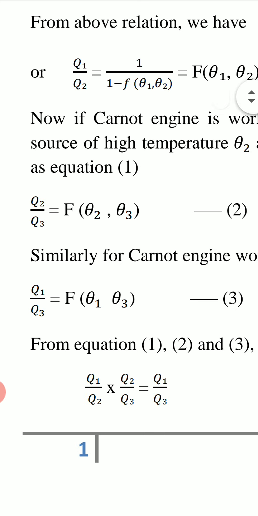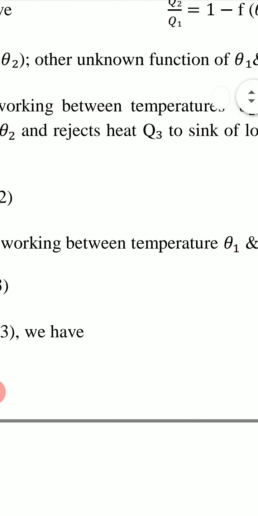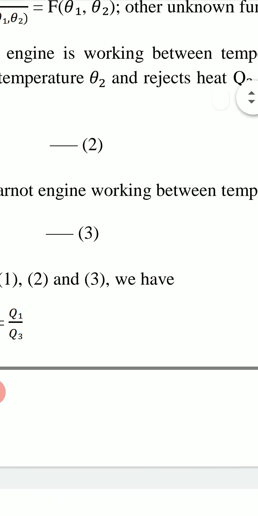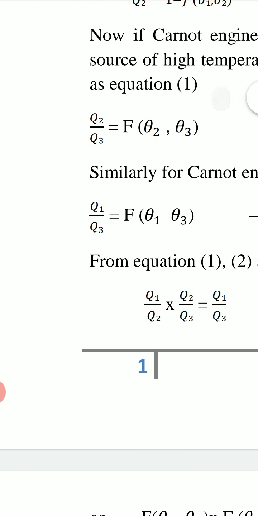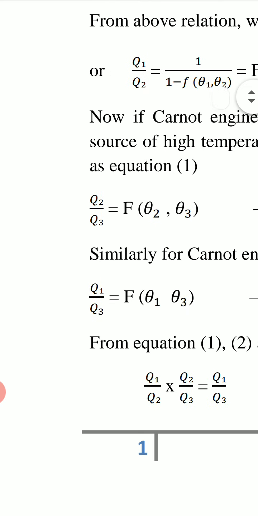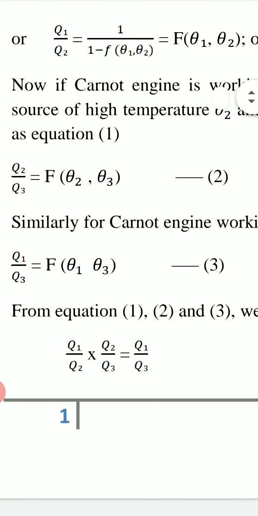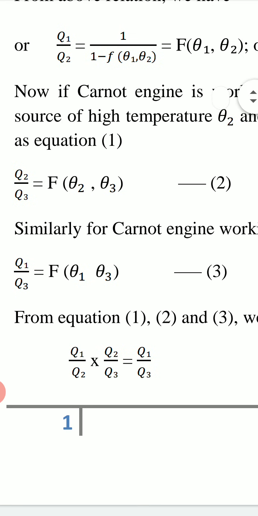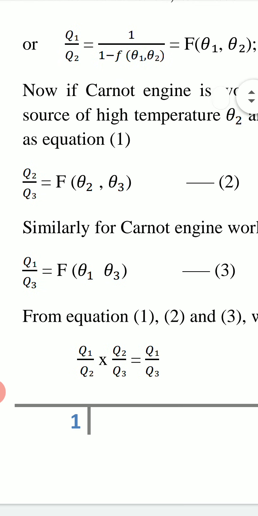And similarly for Carnot engine which is working between temperatures θ1 and θ3, we can write Q1 upon Q3 equal to F(θ1, θ3). So we have three relations. Relation 1 is Q1 upon Q2 equal to capital F(θ1, θ2). Second is Q2 upon Q3 equal to F(θ2, θ3). And third is Q1 upon Q3 equal to F(θ1, θ3).